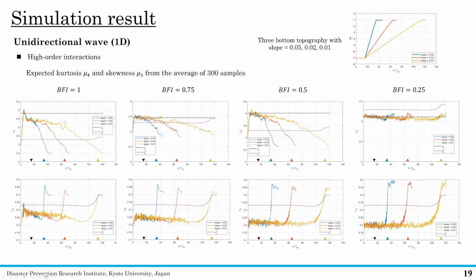In a very narrow case, we can see that from deep water to the shallow water, the mu4 keeps decreasing, but the mu3, the second order effect, suddenly becomes very large in the shallow water, and especially when the bottom slope decreases and goes back to the flat bottom. Here, there's this corner and it has a very strong after effect, and that is very similar.